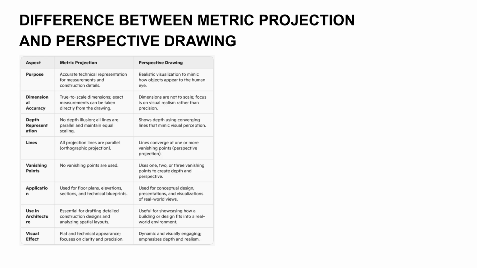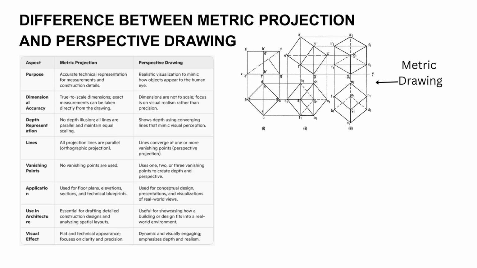When we discuss the scale aspect, in the metric projection, objects are true to size, but in the perspective drawing, it can provide depth illusion for realism. In the metric projection, all lines remain parallel, but in perspective drawings, lines converge at vanishing points.